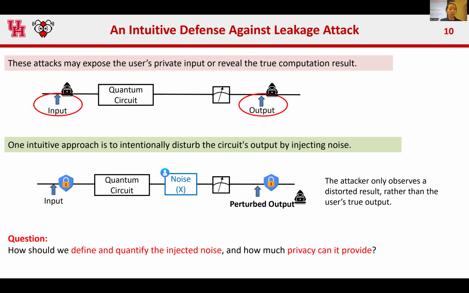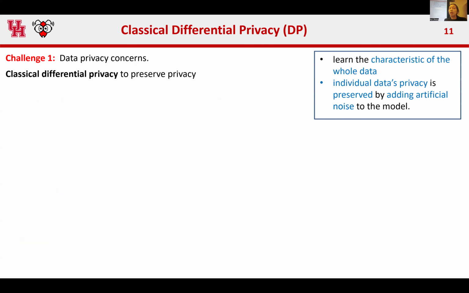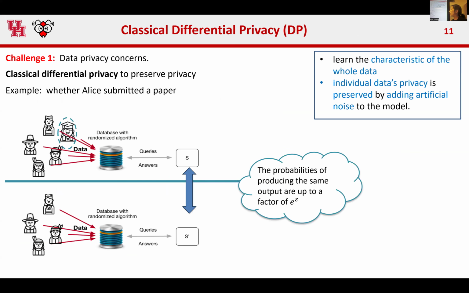We use differential privacy. Before we talk about quantum differential privacy, I will first give some background about classical differential privacy. Classical differential privacy protects privacy in classical computing. It learns the characteristics of the whole data, and the individual's privacy is preserved by adding artificial noise to the model. Here is an example about whether Alice submitted a paper.